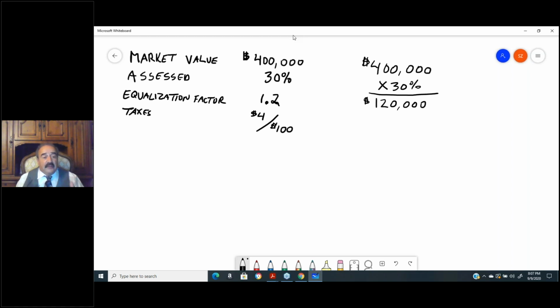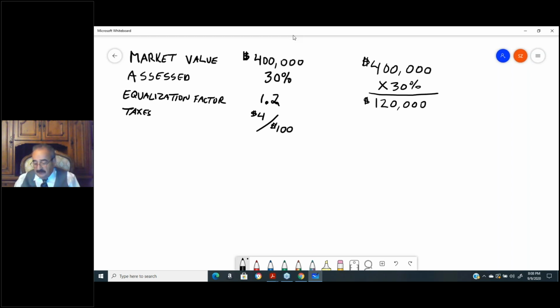On the state exam, your equalization factor is going to be anything from 1.1 to 1.95. It could be 1.3, 1.55, 1.7. This case happens to be 1.2.